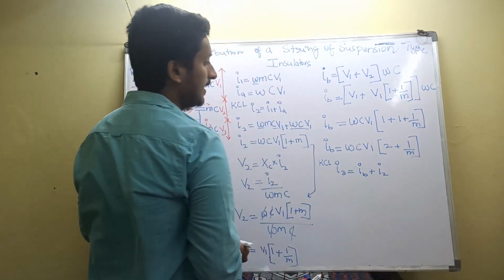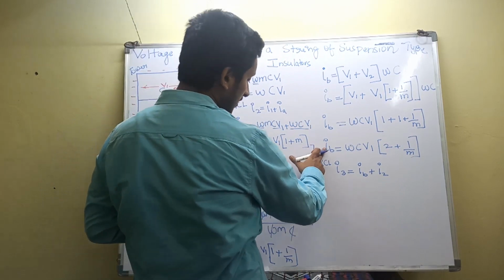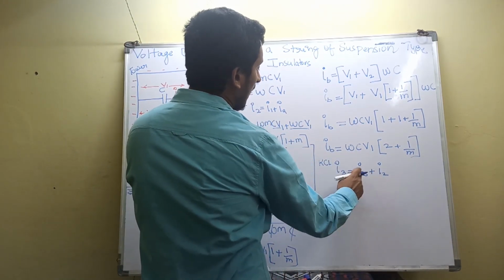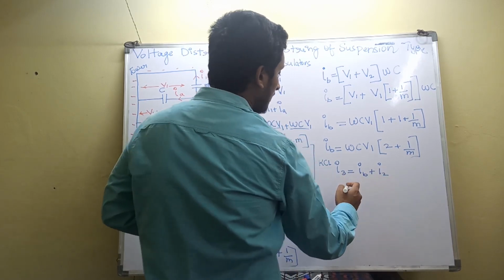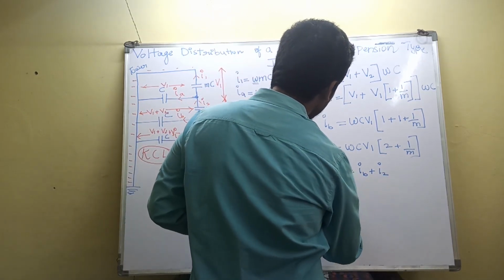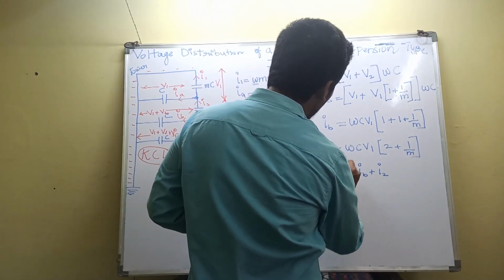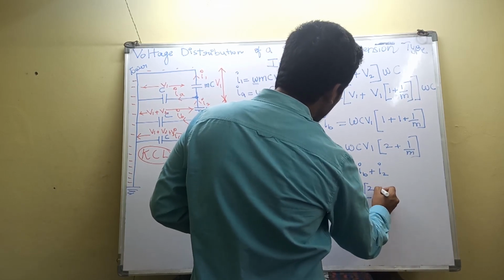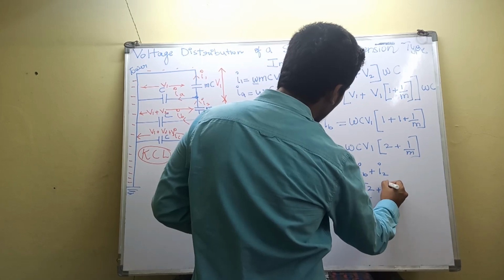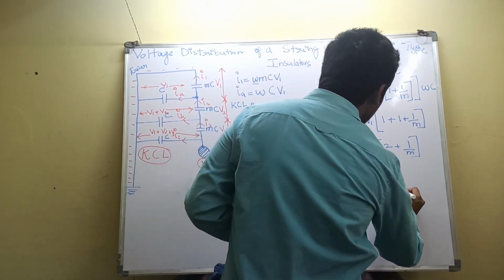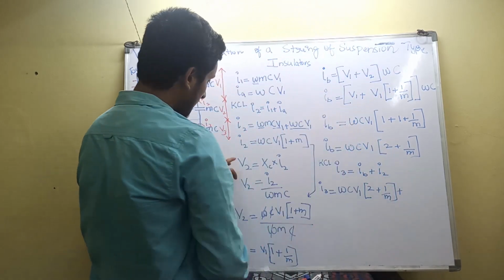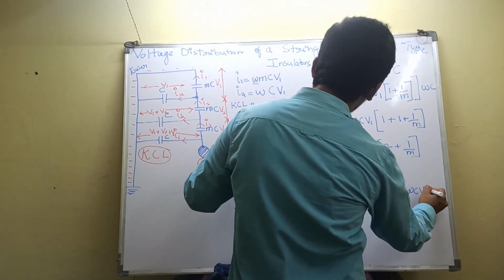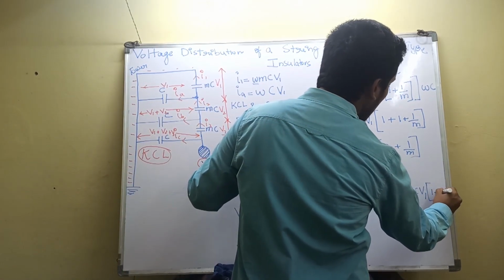IB is available here and I2 is available here, so I can add both of them. I3 is equal to IB, which is omega C V1 into 2 plus 1 by M, plus I2, which is omega C V1 into 1 plus M.